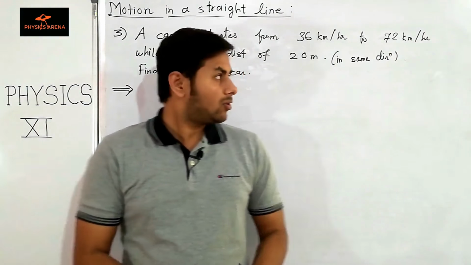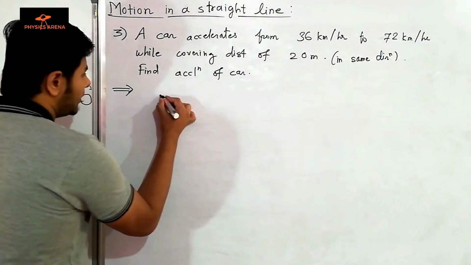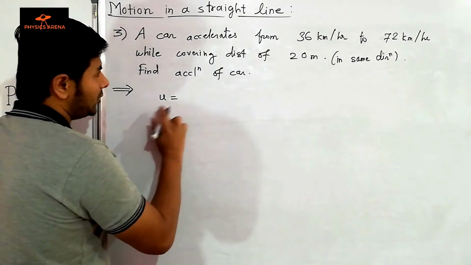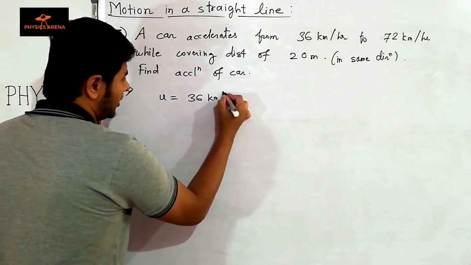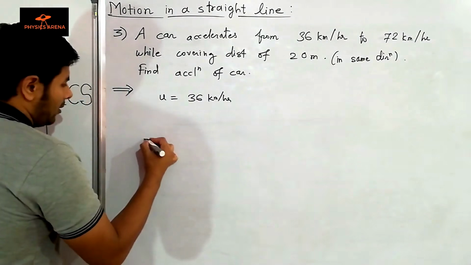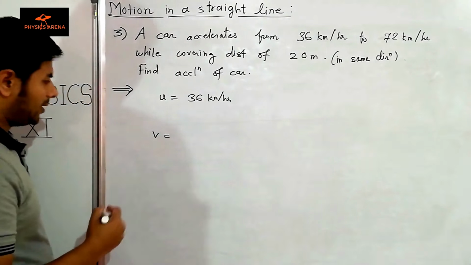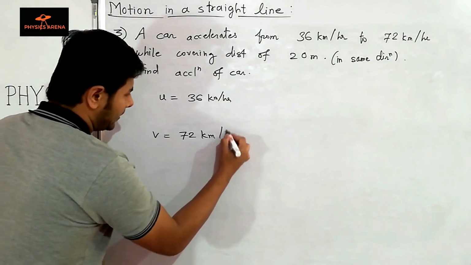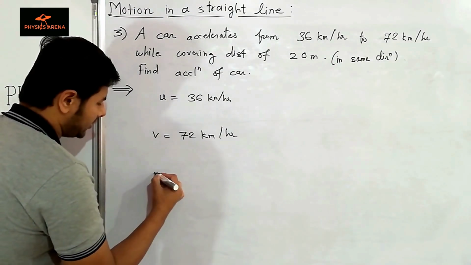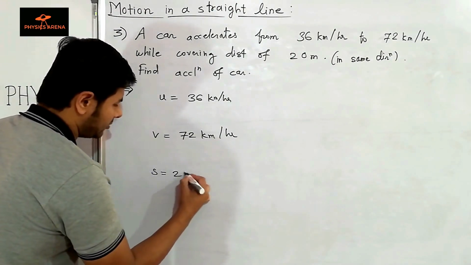So u, the initial velocity, is 36 kilometers per hour, v is the final velocity, 72 kilometers per hour, and s is the displacement, 20 meters.